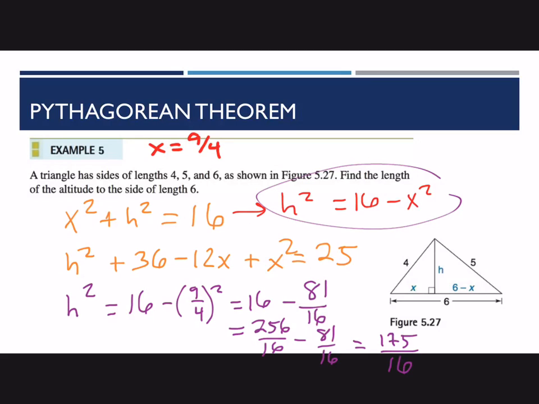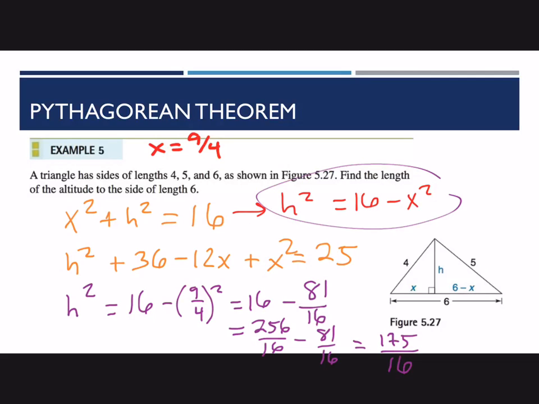Okay, and then the only factors that go into 16 are just powers of 2, 2, 4, 8, 16, etc. And they don't go into 175, so that fraction is fully reduced. Okay, so that's an answer for h squared, and then we need to find h.